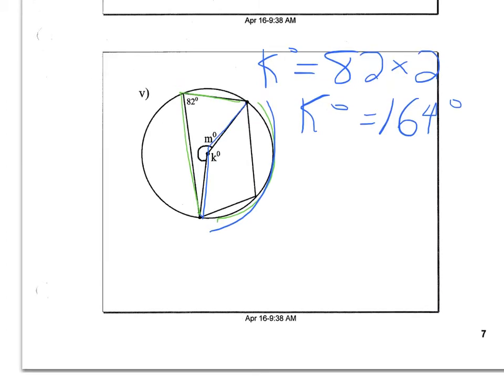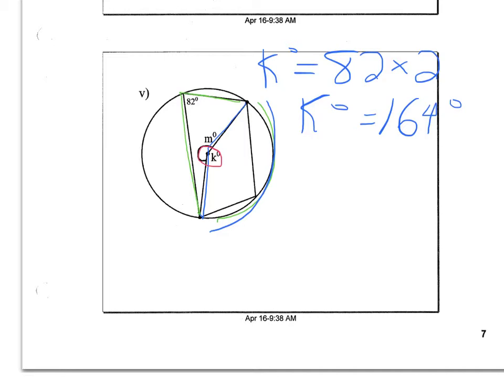Okay, now to solve for M, and I'm going to try and draw a circle as best I can here. It's not going to be perfect, but to solve for M, you need to look at the fact that it makes a circle with K. And we're doing the best we can here. Makes a circle right there. So with that circle, in any circle, the total amount of degrees is 360.